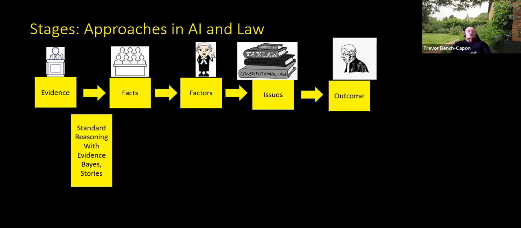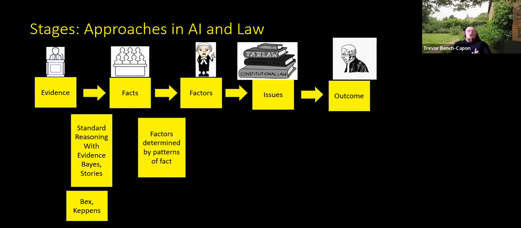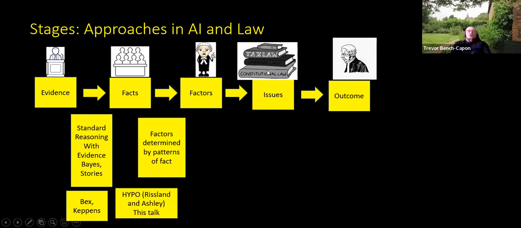To move from evidence to fact, we have standard reasoning with evidence, such as Bayes' theorem and stories, and Floris Bex and Bart Verheij have worked on this. Factors determined by patterns of fact can be found in Wisdom, Lasse's HYPO system, and also in this book.